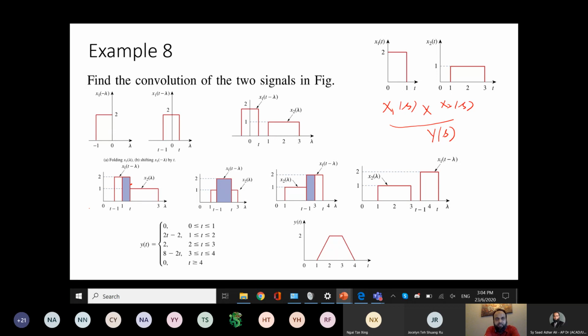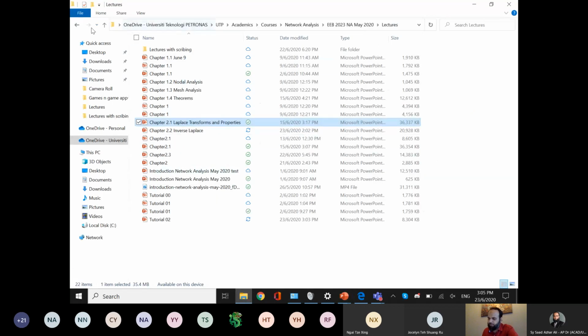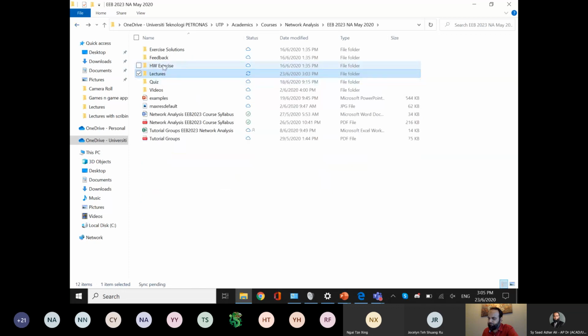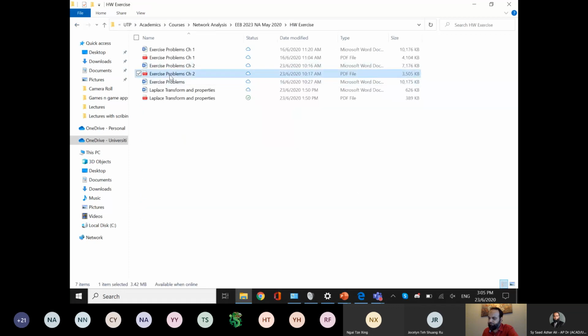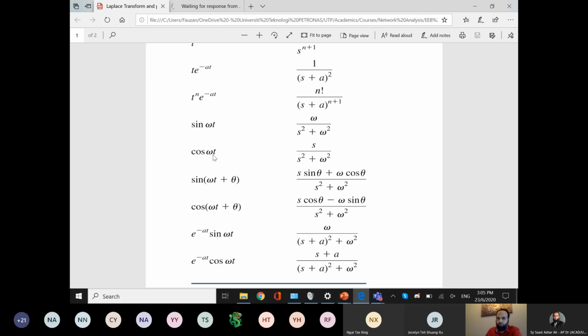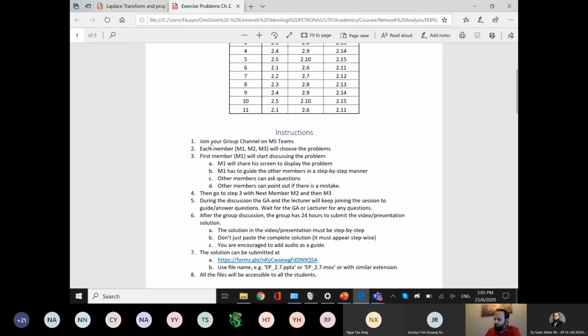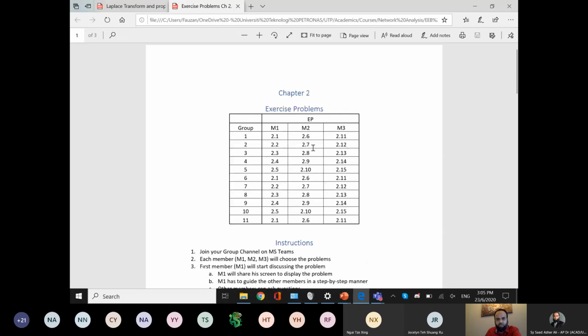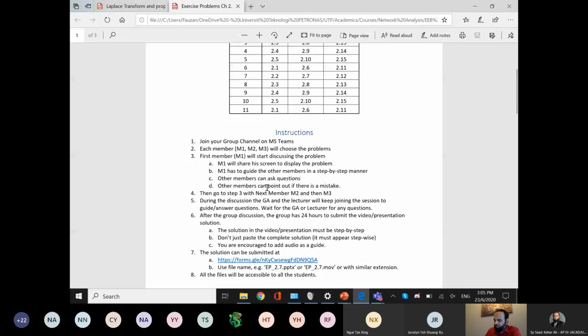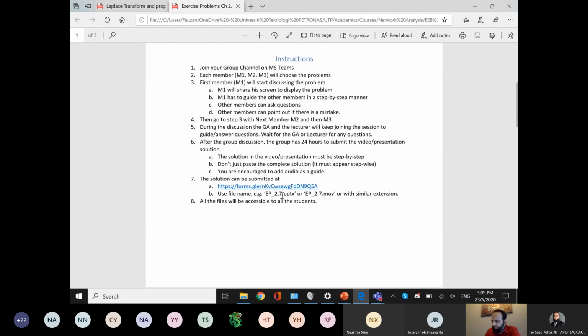Have you guys seen the problem sheet? Let me just show you the problem sheet if I can find it. I hope that you have already identified your group members by now. Same rules, everything. Please save the file name with the problem name.